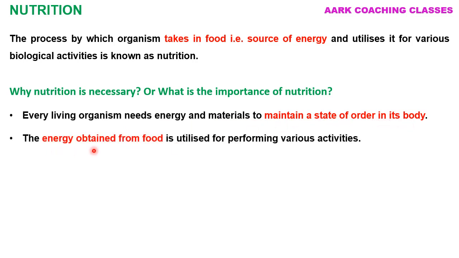The energy that we obtain from food is utilized for performing various activities. Even if you are having rest, still your brain is thinking, and your heart is pumping blood. So even if an organism is at rest, energy is required for performing various activities.